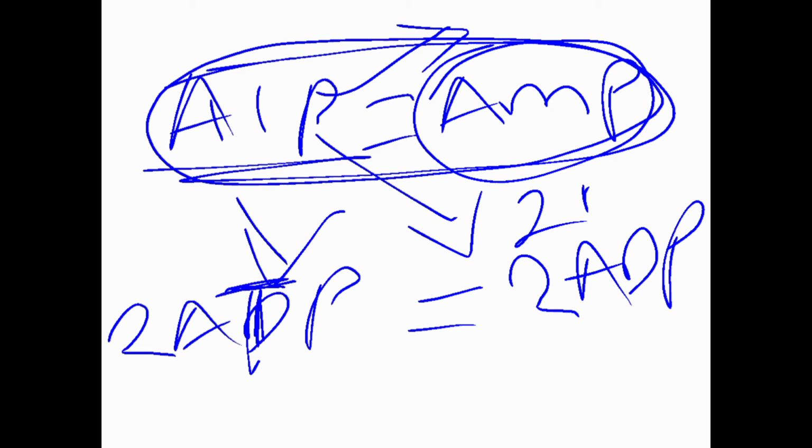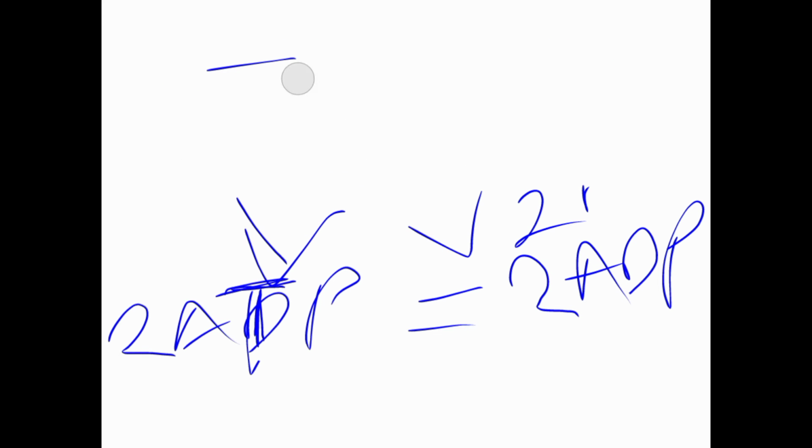So that means we broke 2 high energy bonds. Since I said the 2 ATP is equivalent to 2 ADP, that means I'm going to pay with what? 2 ATP.